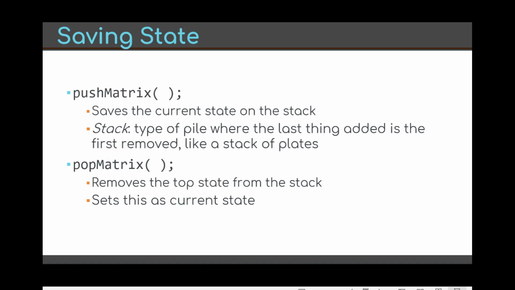So you can do a bunch of drawing and a bunch of rotation, and then when you pop, all those changes will go away and it'll be back to the configuration that you pushed. This will be handy, and there's a question on assignment 1 about using push and pop.